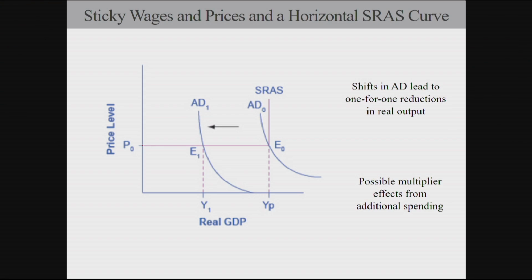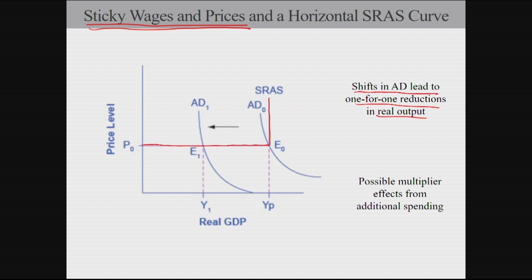This is once again just repeating this figure that I showed you a second ago. Here we've got the short-run aggregate supply curve, and shifts in aggregate demand are leading to one-for-one reductions in real output. This horizontal SRAS curve comes about because of sticky wages and prices. Now, it's not the case that all wages and prices are totally sticky, but a lot of them are.